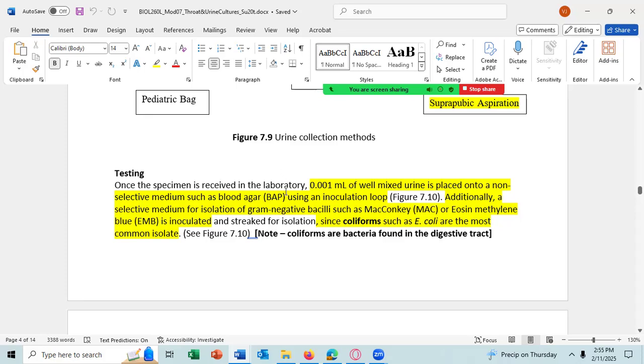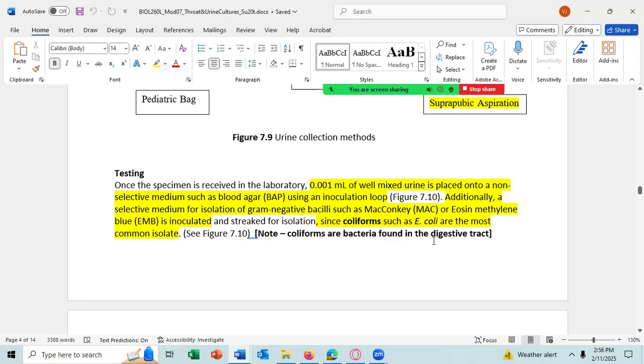But we also streak the urine onto either MacConkey's or eosin methylene blue or EMB plates, since the most common isolate causing a urinary tract infection is E. coli or another coliform.